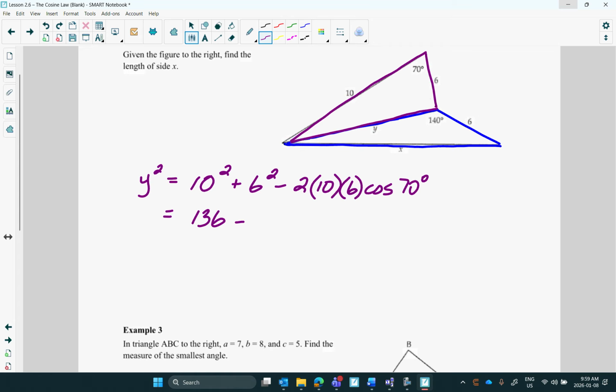Minus, and when I multiply all those together, I get about 41.04. So when I subtract those two, y squared is going to be 94.96.